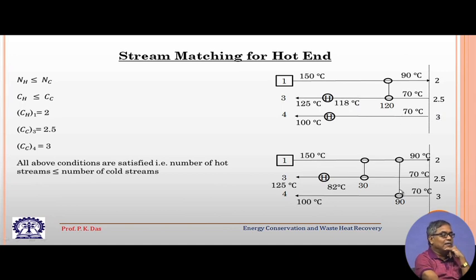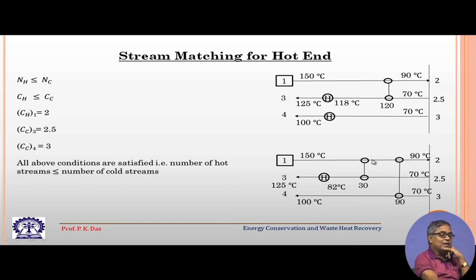The other thing is that this is not the only solution. We can think of another solution where, at the pinch end, just adjacent to the pinch point, we place one heat exchanger between 1 and 4, with a heat exchange of 90 units.